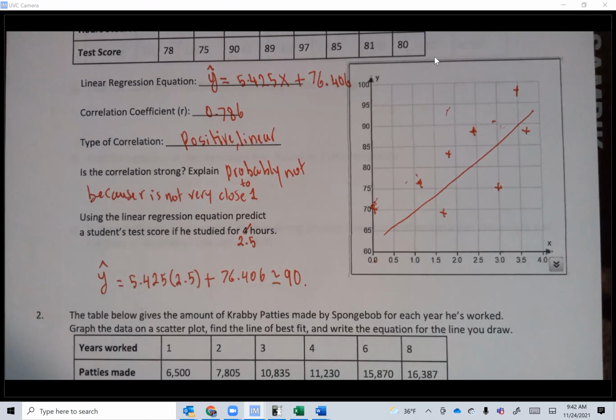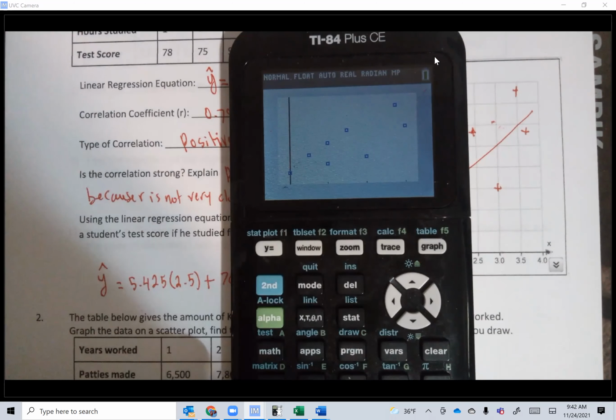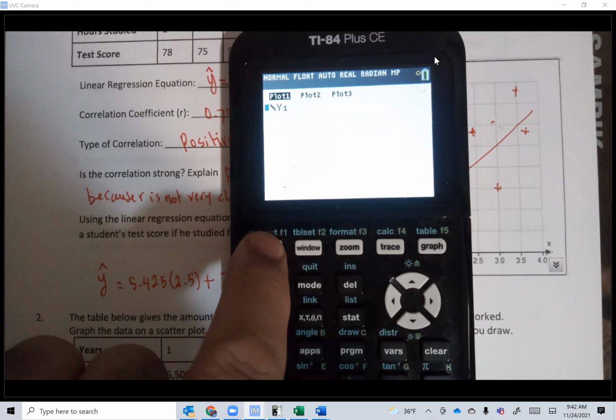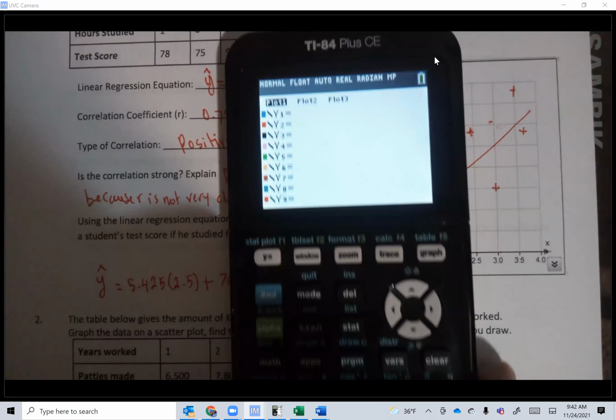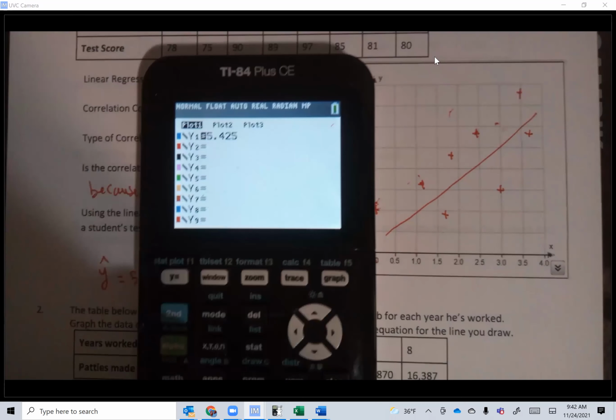You want to see on the calculator how this looks? I'm going to graph it on the calculator. How do you graph lines on the calculator, guys? You go to y equals right here, and then you enter the equation of the line. I'm going to enter 5.425x. If you're wondering about x, it's right here.